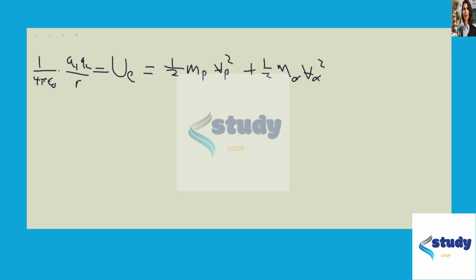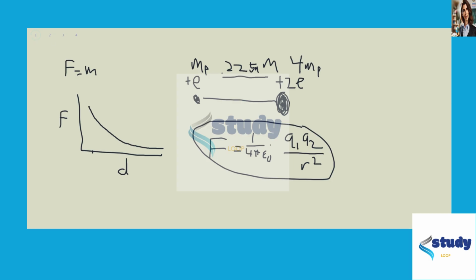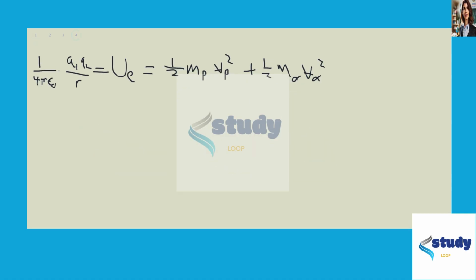So the other thing you should know about the configuration is that momentum is conserved. There's no outside forces acting on either of these particles, just the forces from each other. And they're initially at rest. So the initial momentum is 0. So the final momentum when they're at their maximum velocities must also be 0.